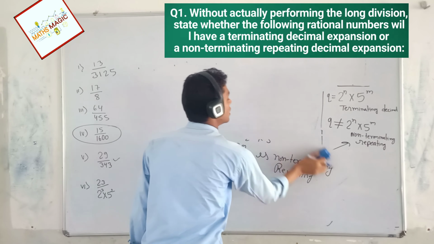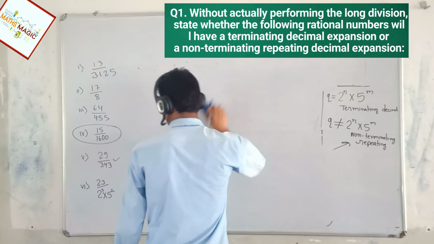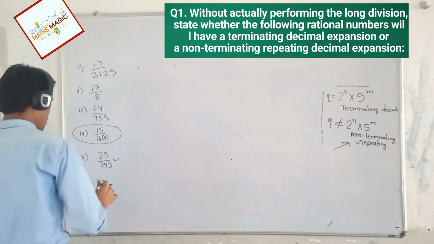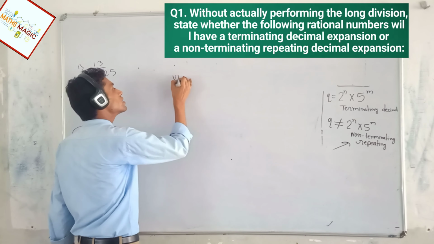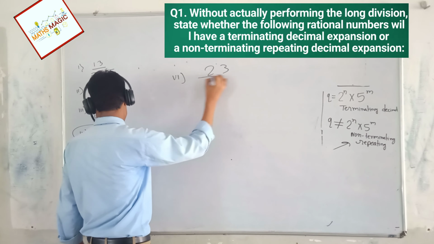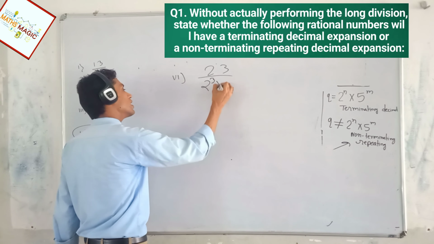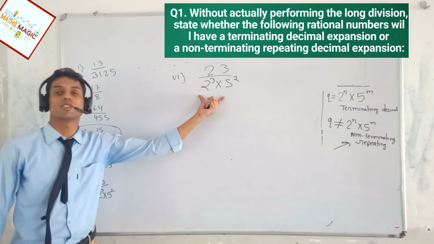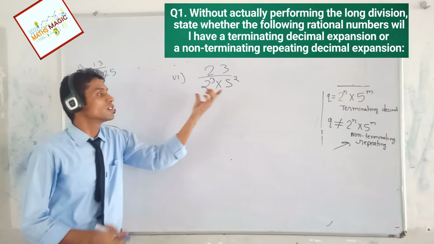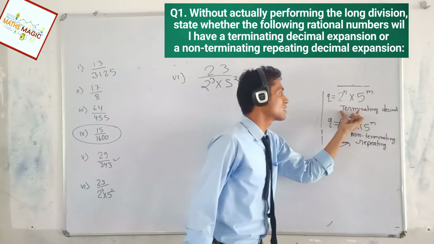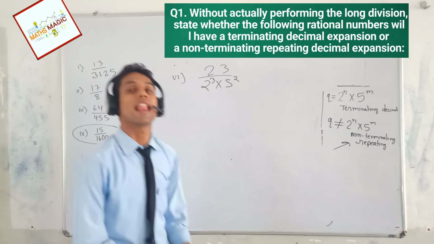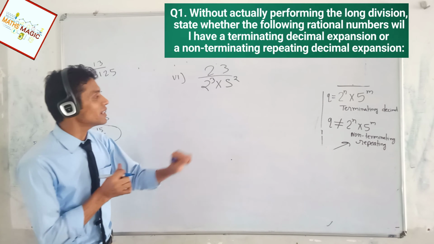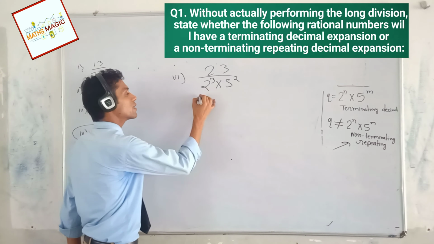We only have to state the answer. See, this is the easiest. Question number 6 is 23 by 2 to the power 3 times 5 to the power 2. See, this is the denominator. Here the denominator is already solved, so this is in the form of a terminating decimal, and we only have to write the answer. What do we write?